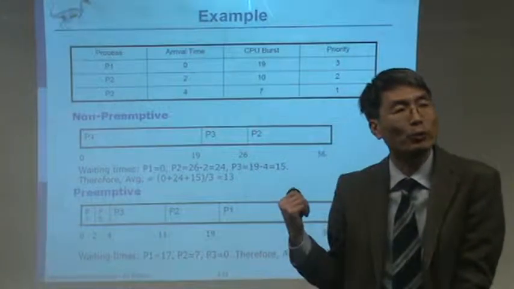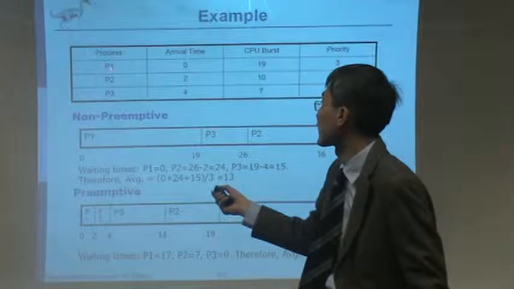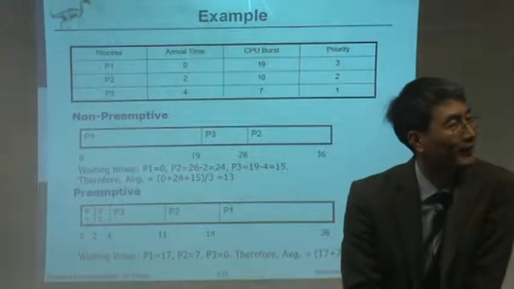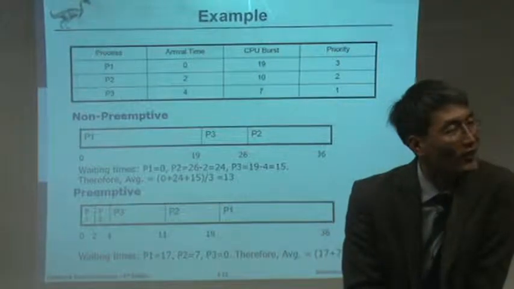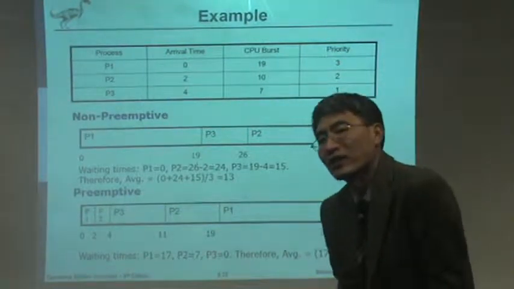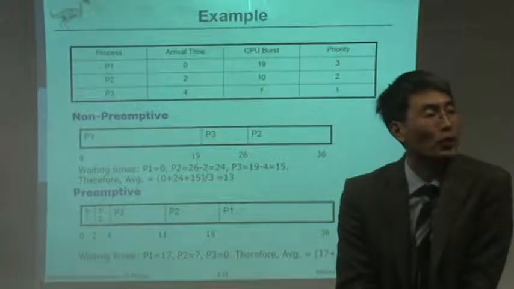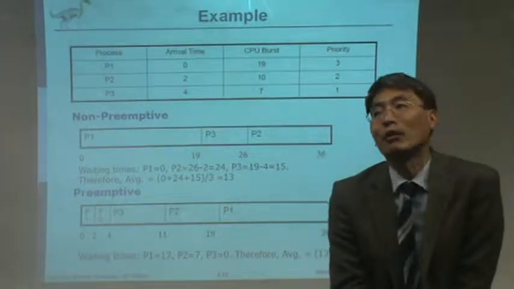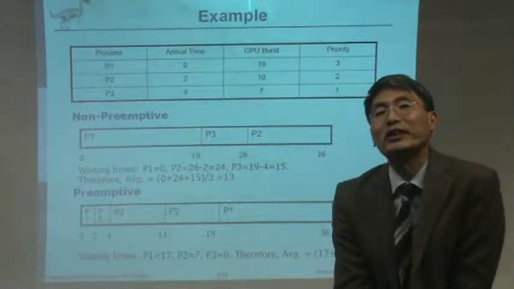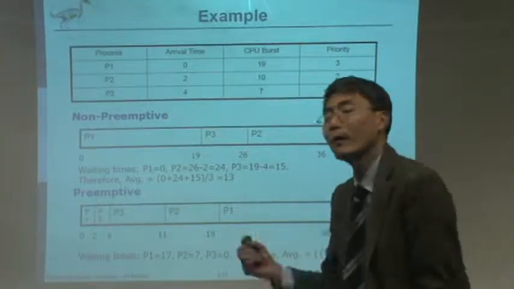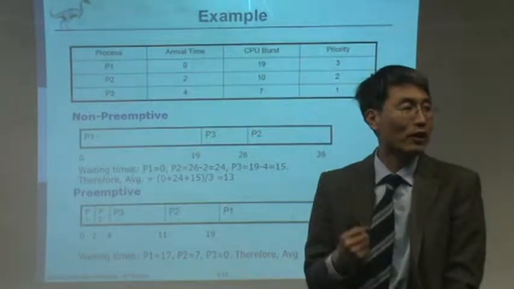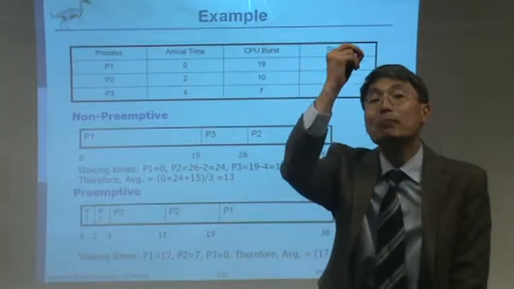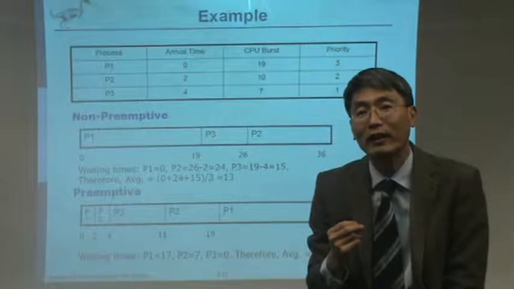The ready queue has the process information, but you don't have to keep all the processes. Instead, the process control block, the PCB. So if you need to implement such a CPU scheduling algorithm, you need to define a PCB structure.